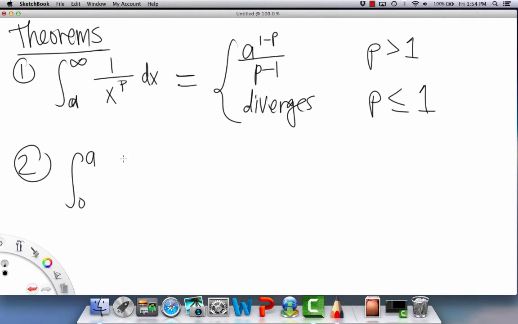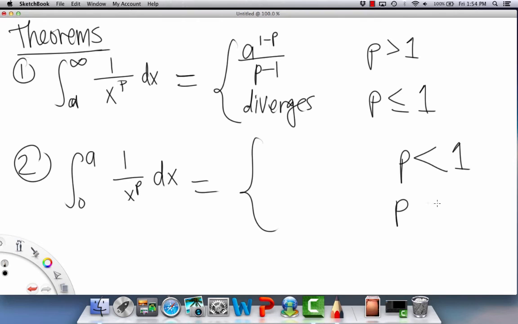Again we have 2 ways to go, but on this one the inequality signs are flipped. Instead of p greater than 1 on top, we're going to have p less than 1, and on the bottom we have p greater than or equal to 1.